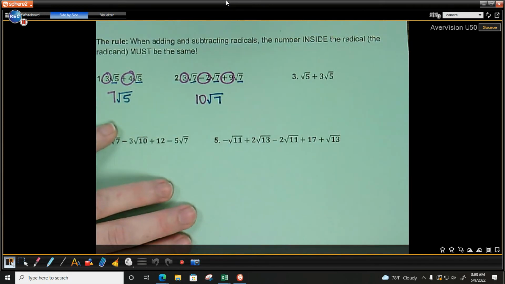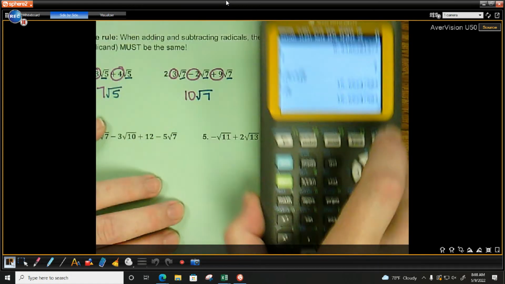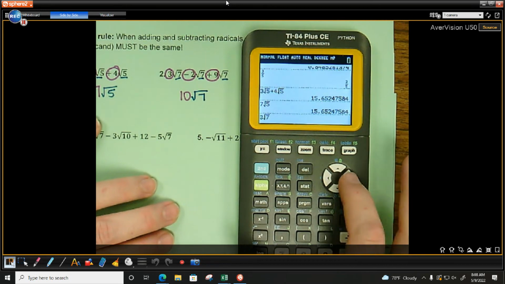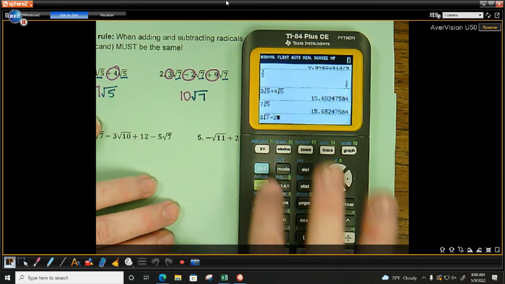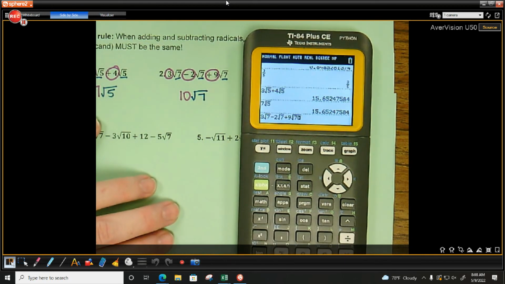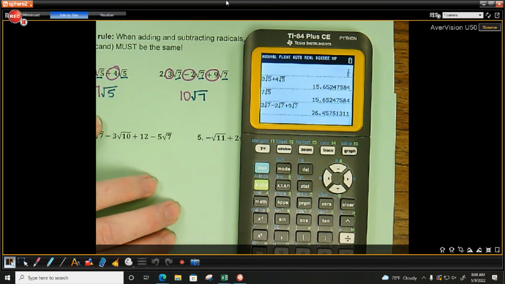Is 7 divisible by a perfect square? No, 7's prime. So let's check ourselves. 3 square root 7 minus 2 square root 7 plus 9 square root 7. And then 10 square root 7.